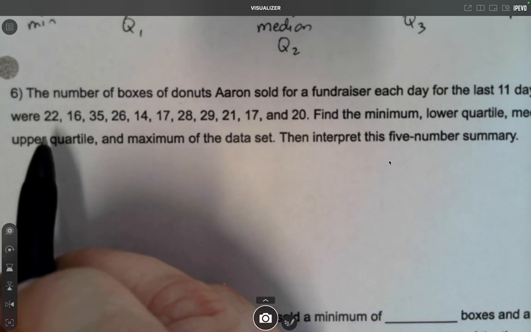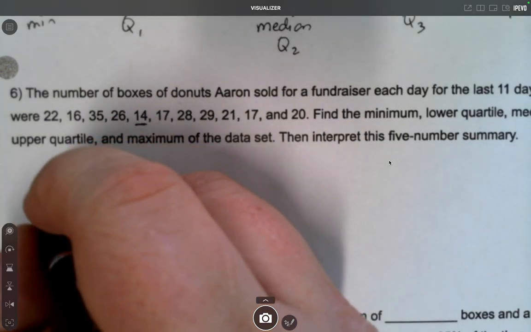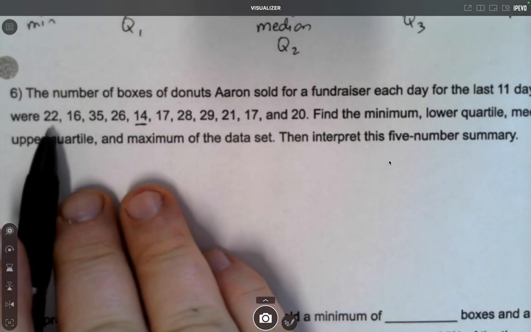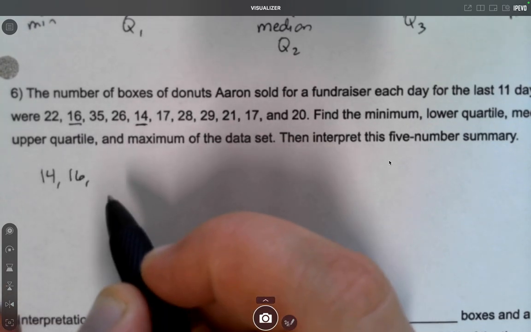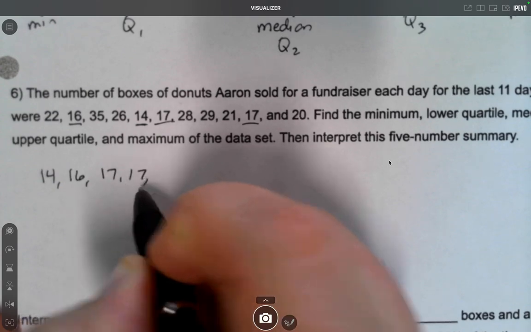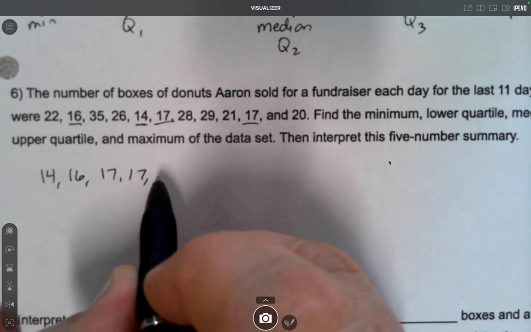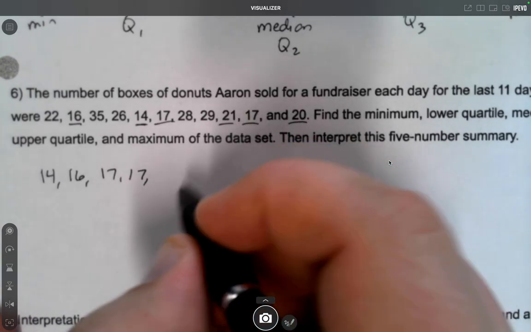Okay, so let's try to put these in order. Smallest one I see, 14. Okay, then 16. Then I see 2 17s. Okay, no more teens. There's a 20 and a 21.